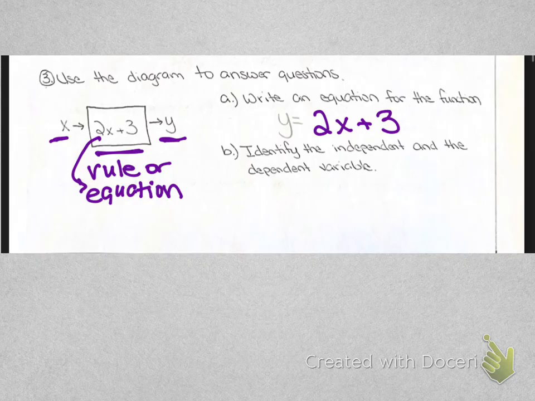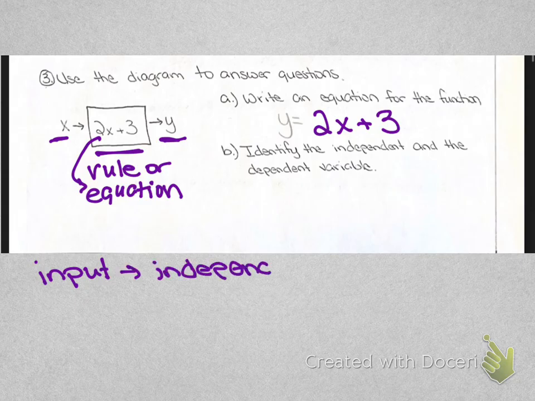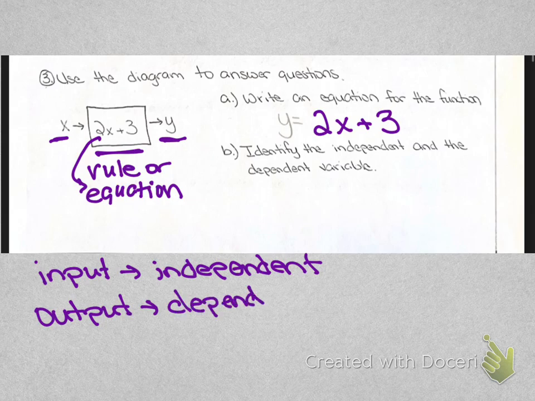Part B, identify the independent and dependent variables. So remember, your input is your independent variable. Your output is your dependent variable. When you look at this diagram, the first thing you have, that's your input. The last is your output.